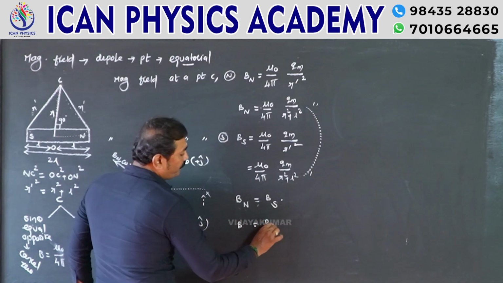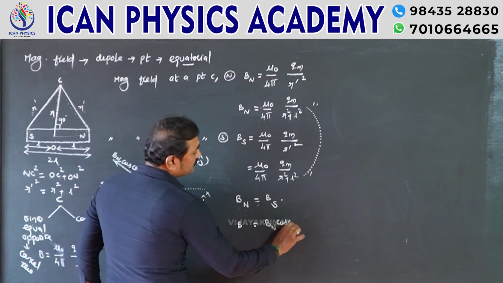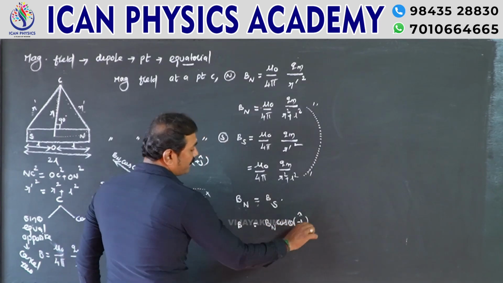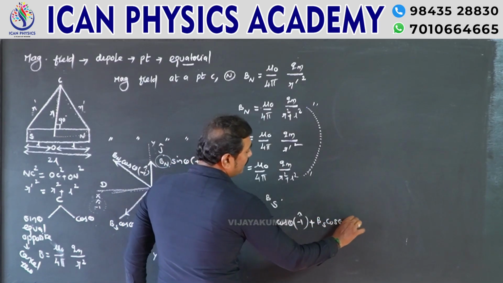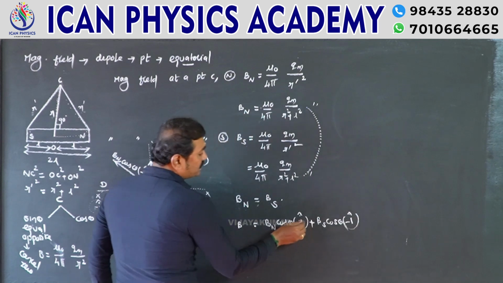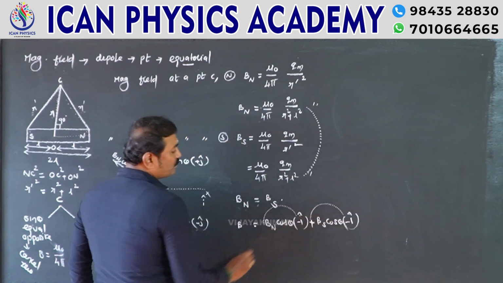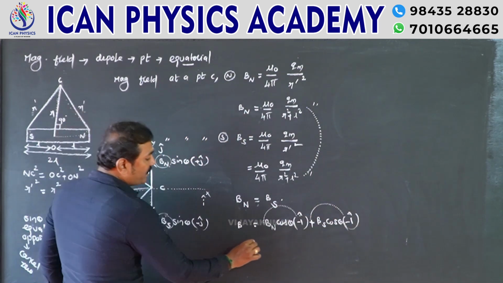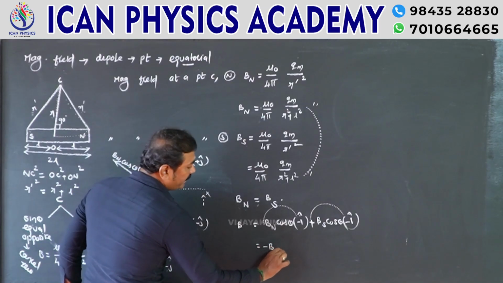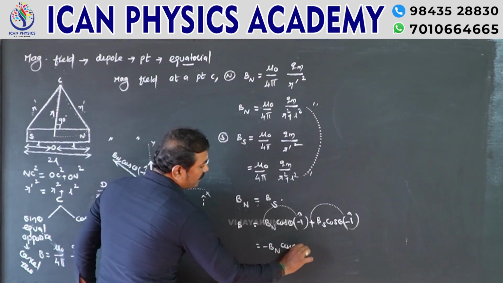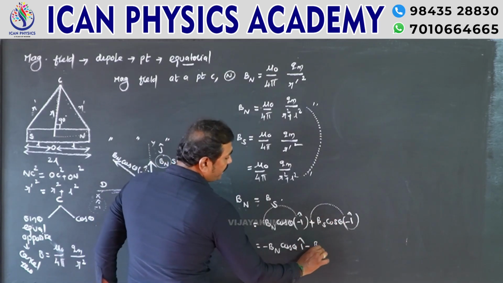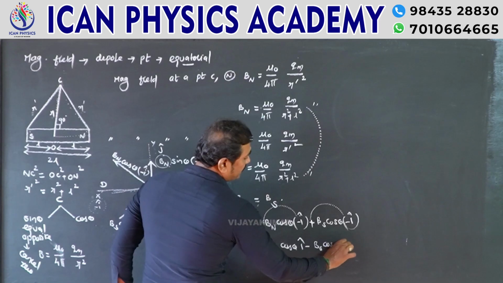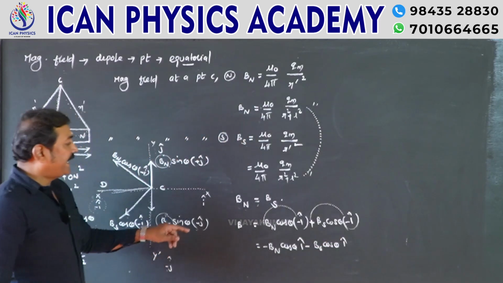அப்ப என்ன சொல்லிடலாம்? Bn cos theta minus I cap plus Bs cos theta minus I cap. ஸோ இந்த மைனஸை முன்னாடி எடுத்துக்கோ. ஓகே. அப்ப மைனஸ் Bn cos theta into I cap. இந்த மைனஸ் உள்ள வந்துட்டா மைனஸ் Bs cos theta I cap. ஆக்சுவலா என்ன சொல்லியிருக்கோம்?